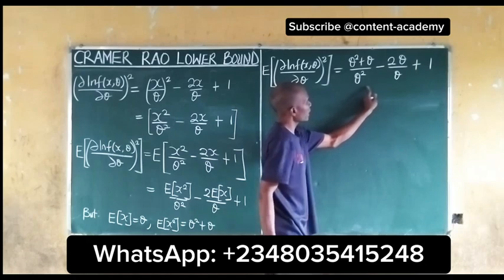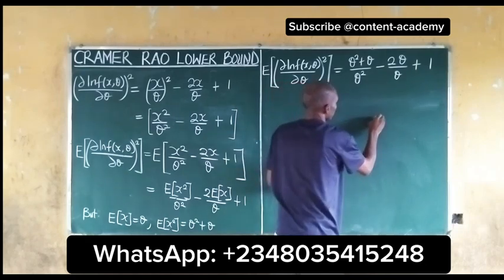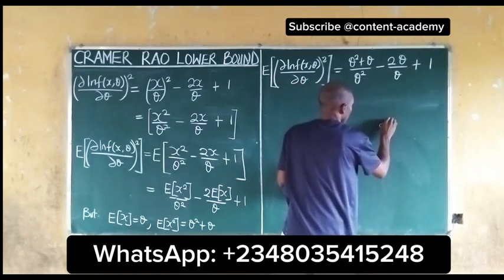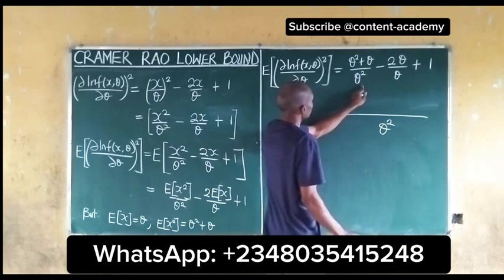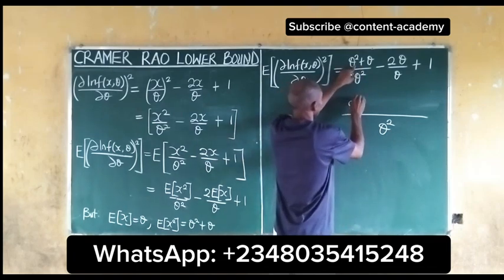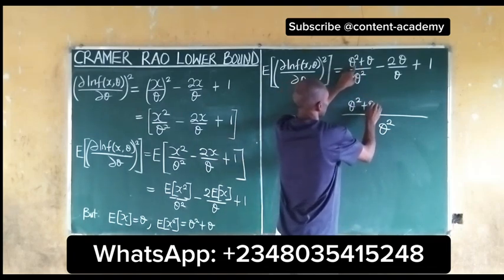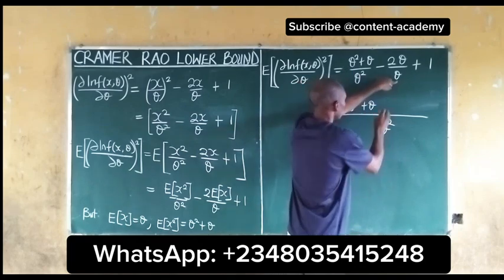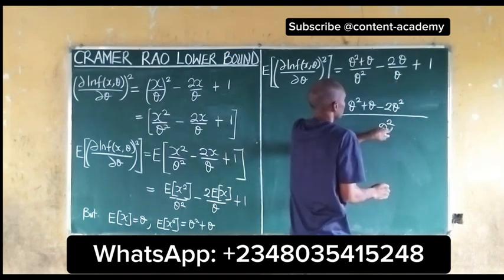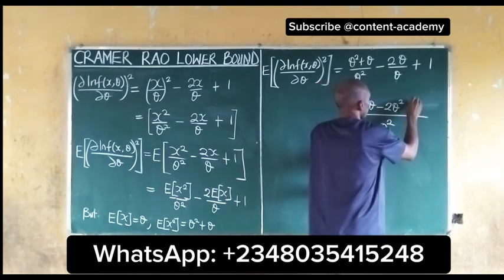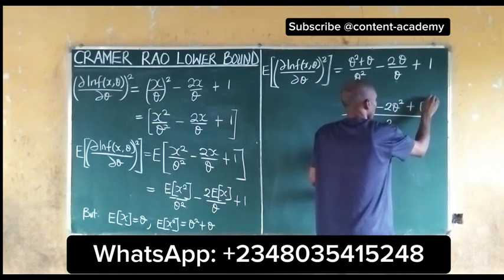Now, if we take the LCM of these, we get theta squared all over theta squared. So this into this will give us theta squared plus theta. This into this will give us negative 2 theta squared. And this into this will give us plus theta squared.